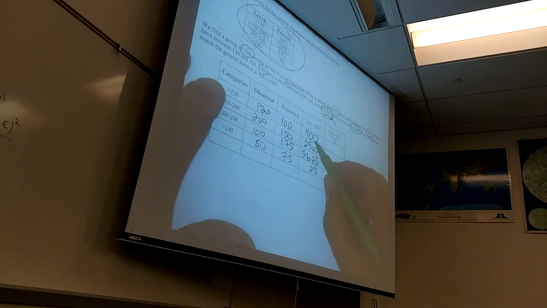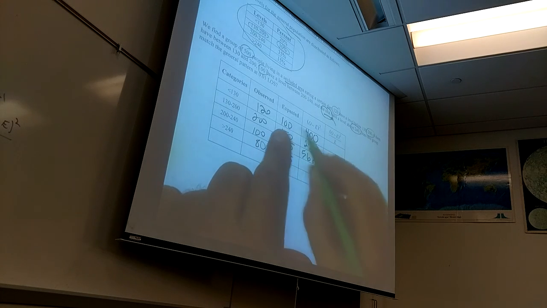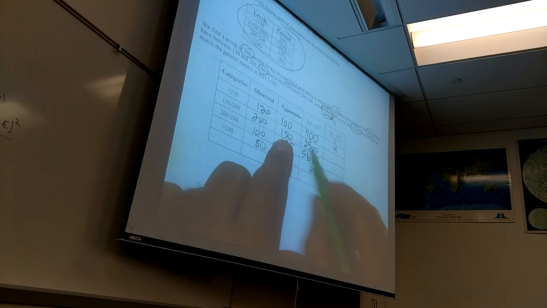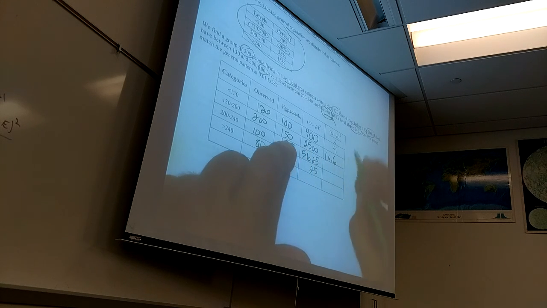And then you just divide each of those by the expected. So be careful. You divide by the expected, not the observed. So here this would just be 4. 2,500 divided by 150 is 16.66.